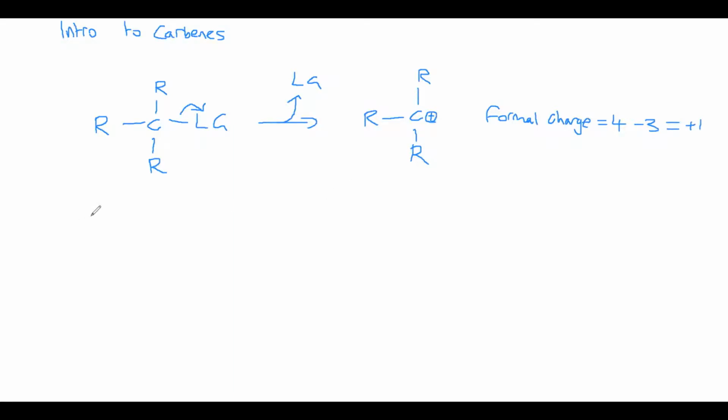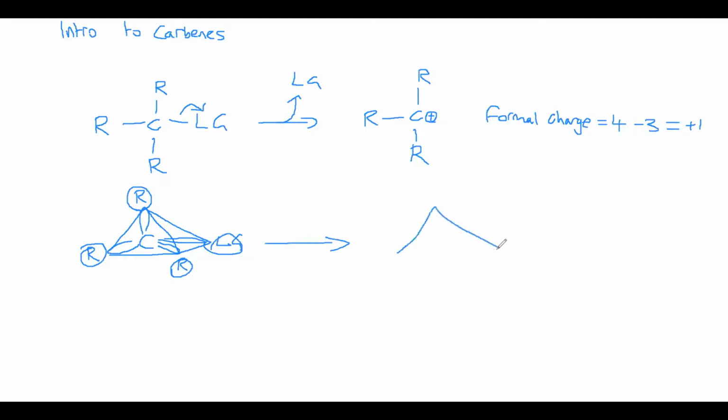Now, if we look at the geometry of these two structures, just like before, we have a carbon in the center of a tetrahedral structure bound to each of our substituents. Now, unlike before, where our geometry stayed the same, this time, when we turn to our carbocation, we change geometries and we form an sp2 hybridized carbon instead.